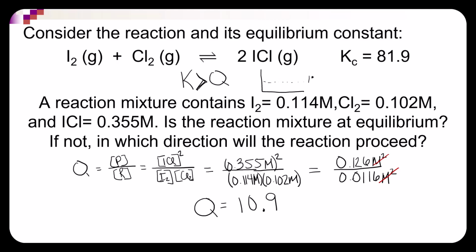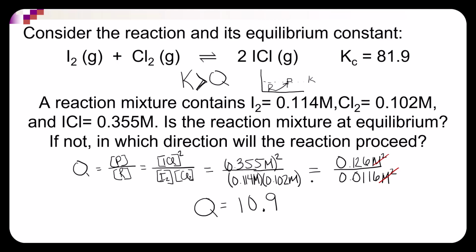If this is K right here, we're somewhere down here, which means we would have to go up towards this dotted line to find equilibrium. Or if we think about this as reactants and products, this would have to push towards the products to find equilibrium.